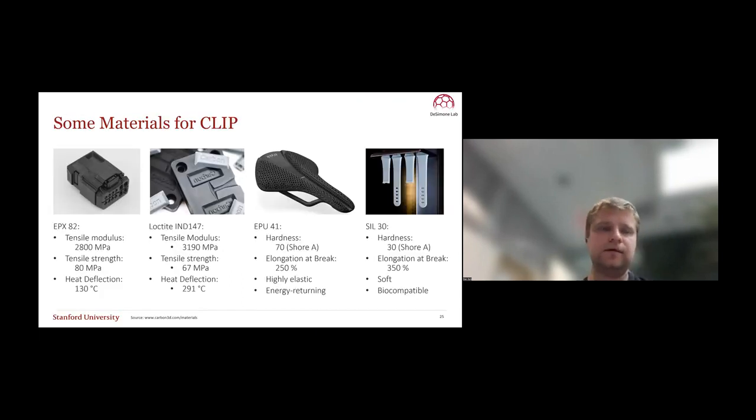Some of these materials that can be 3D printed with CLIP range from really stiff resins, really high temperature resistant resins, to really soft and elastic resins, and also biocompatible resins. So the range of applications is really quite large.